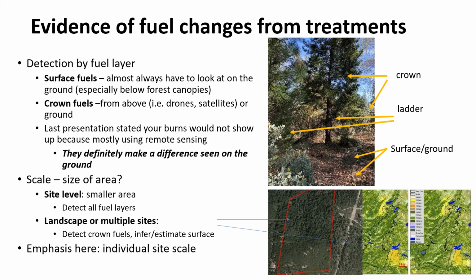But crown fuels, the forest canopy or chaparral, you can see from above or the ground, either one. So if you're doing a large-scale area, or a big neighborhood and all the parcels in there, or around the town of Grass Valley, or an entire national forest, or the western U.S., you're looking from above.